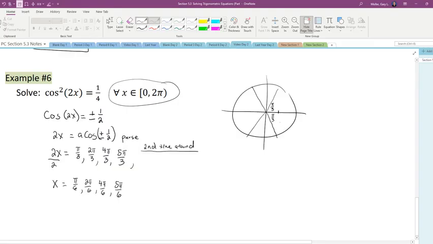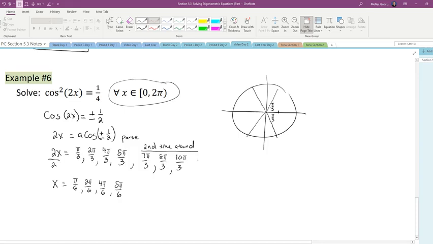So where am I at? I'm just going to go to each of these answers, and I'm going to add 6 pi over 3, which is 2 pi. So that would be 7 pi over 3. That's 8 pi over 3. And 10 pi over 3.